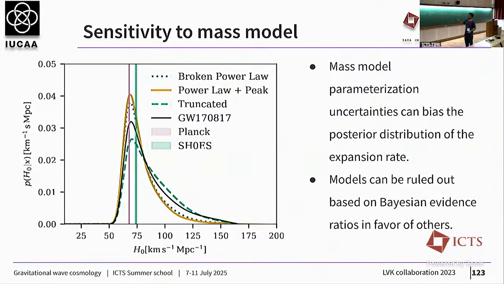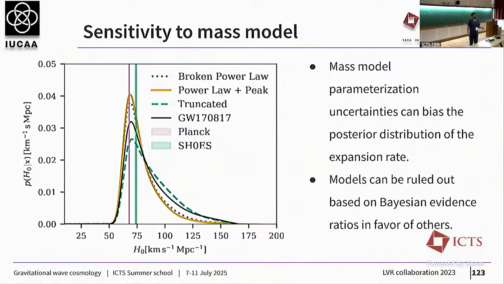But there is a slight variation on the accuracy with which you can determine. So the posteriors are a little bit broader if you consider the truncated power law compared to the power law plus peak. The more features that you have, it becomes easier to latch onto these features and to get the redshifts of the event. And that's the reason why you get a little bit better posteriors. But then the natural question is, which of these models should you trust?